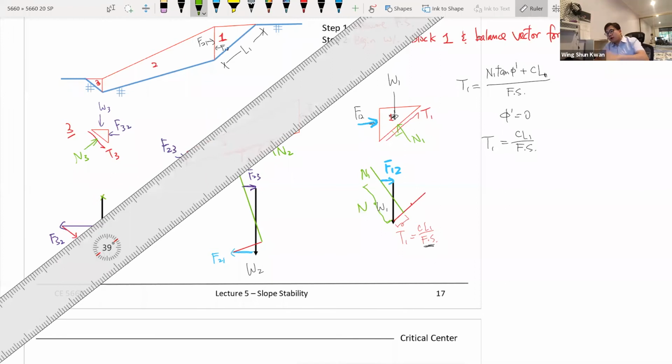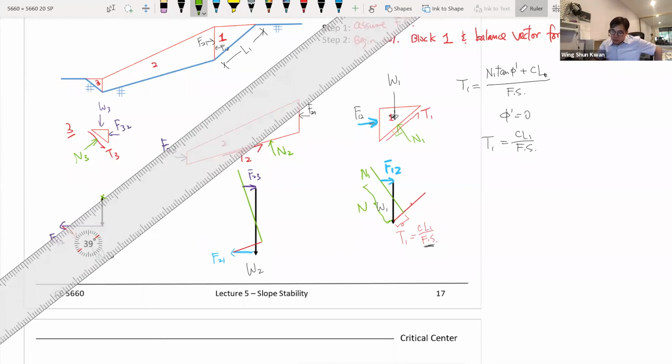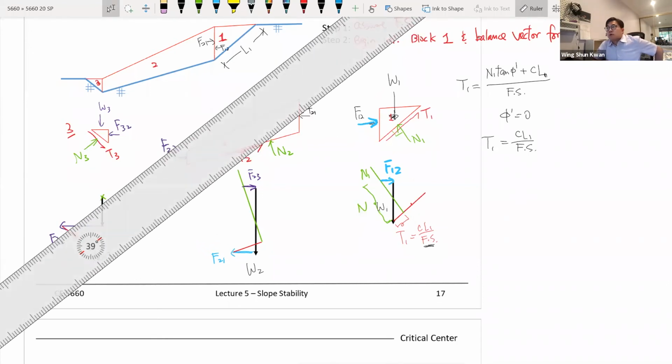That means the factor of safety I assumed at the beginning is not correct, and I need to redo the whole thing from the beginning with another assumed factor of safety. If I do it correctly, I should be able to close my loop. So this is a paper killer. If you do this manually, you need paper after paper, trial after trial, before you get the factor of safety correct.